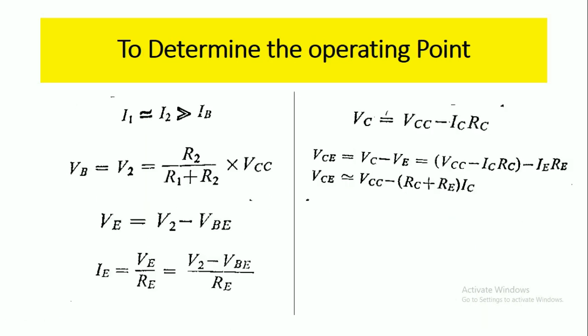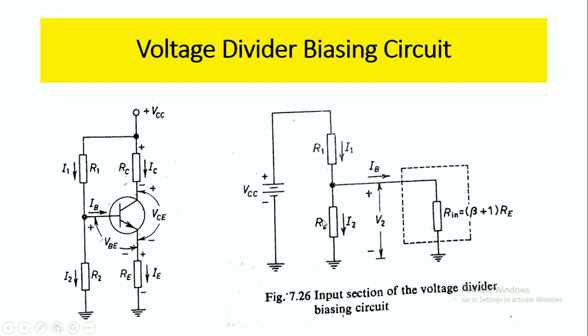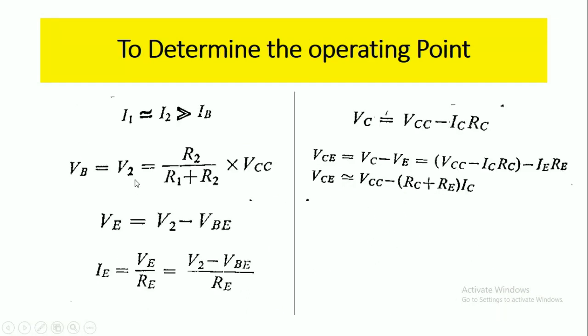Now coming to this voltage V2, we will find the voltage V2, that is nothing but the base voltage VB. It is given by the resistance divider formula, that is R2 by (R1 plus R2) into VCC.